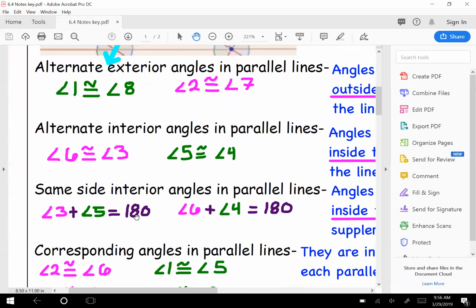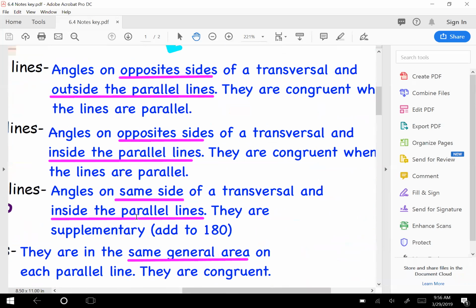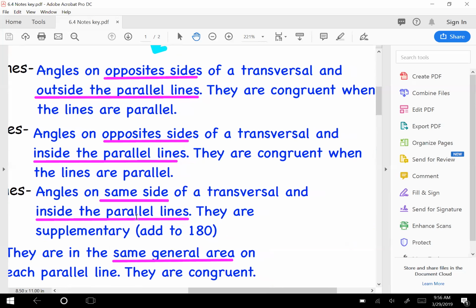Okay, now we have same side interior angles. Okay, so same side interior angles are exactly like it says. They're on the same side of the transversal and they are inside the parallel lines.